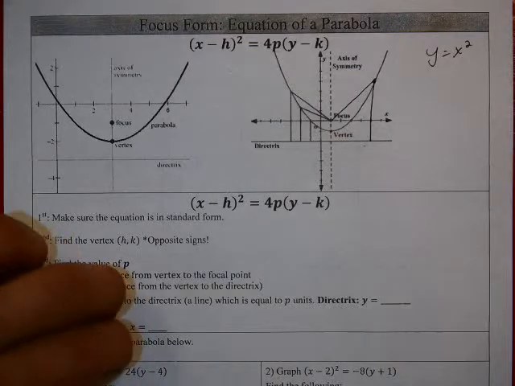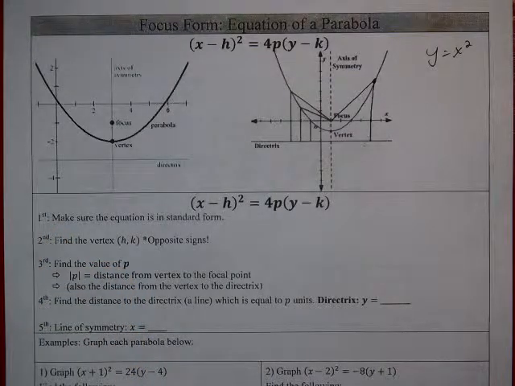Now for an application, because again, focus point, you've never heard that before. If you have a satellite dish, anybody have a satellite dish at home? For TV? No, only one? Oh, okay.